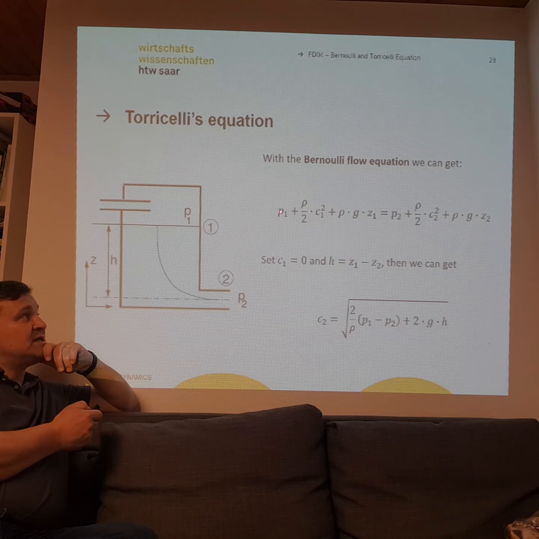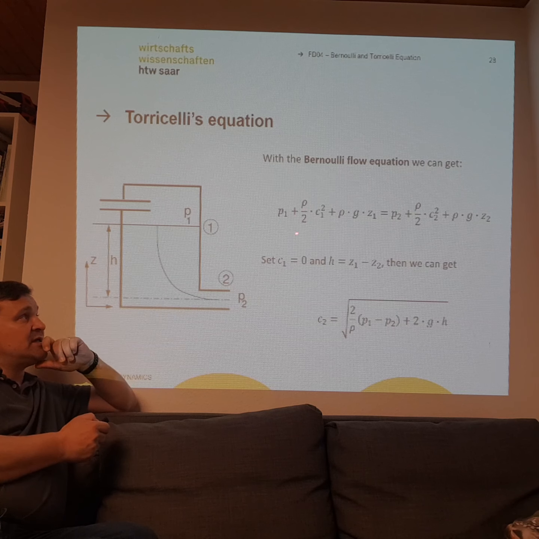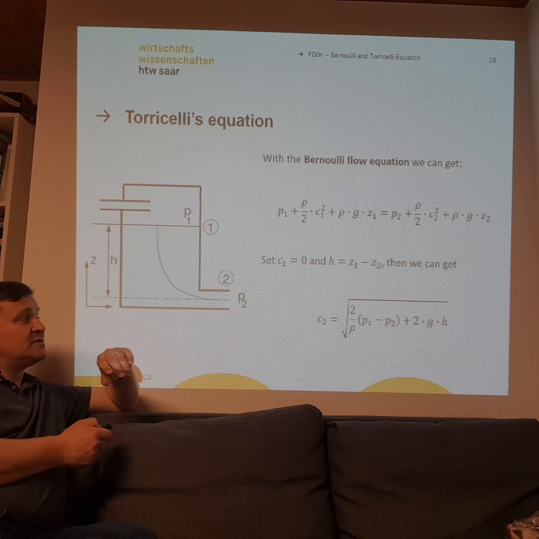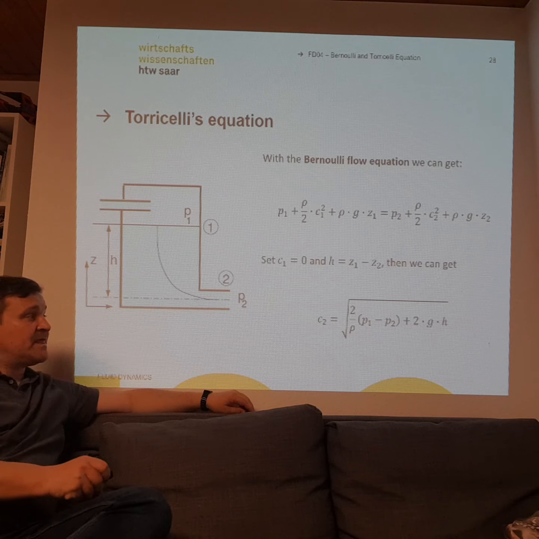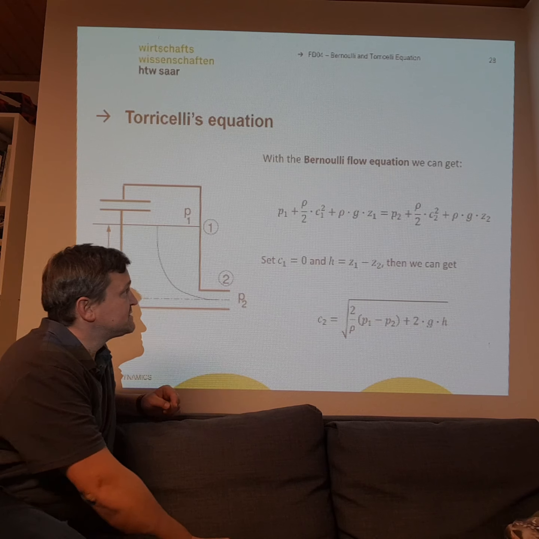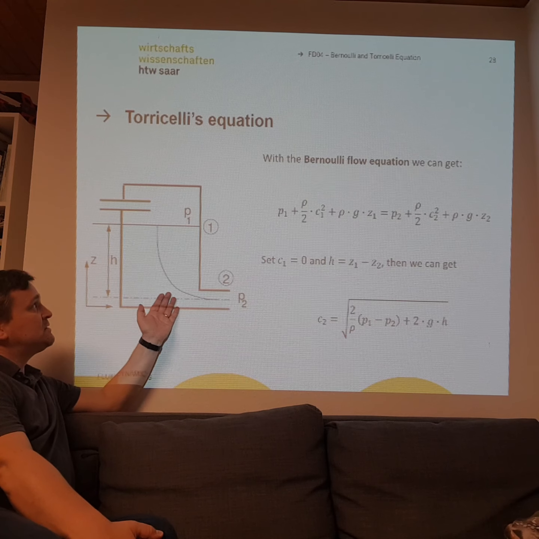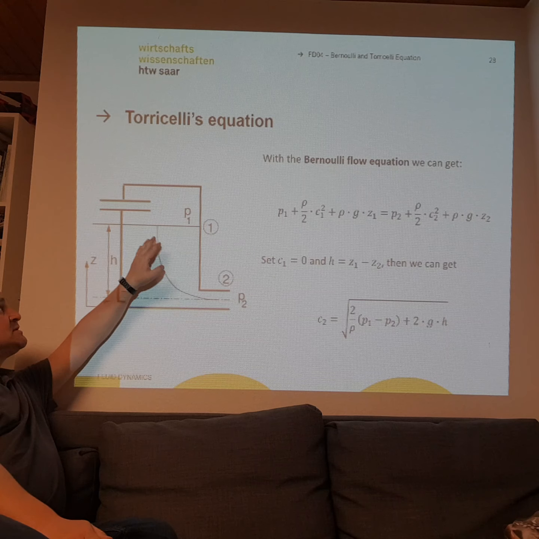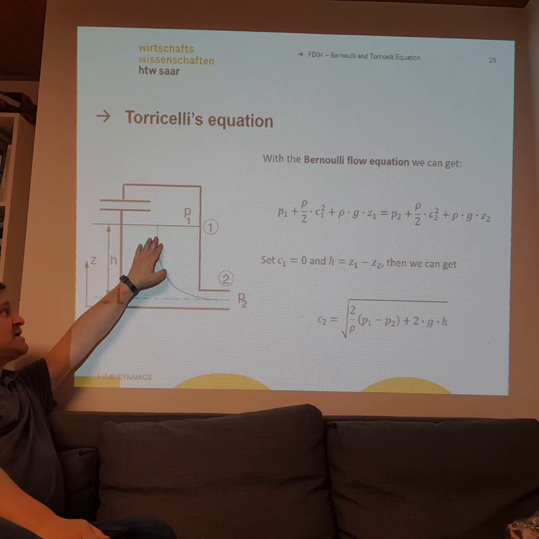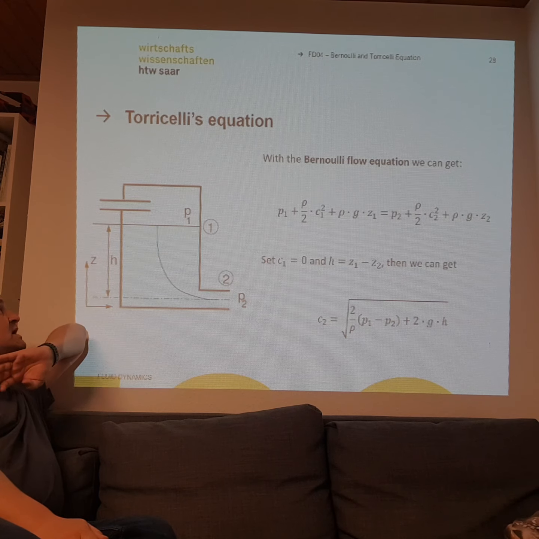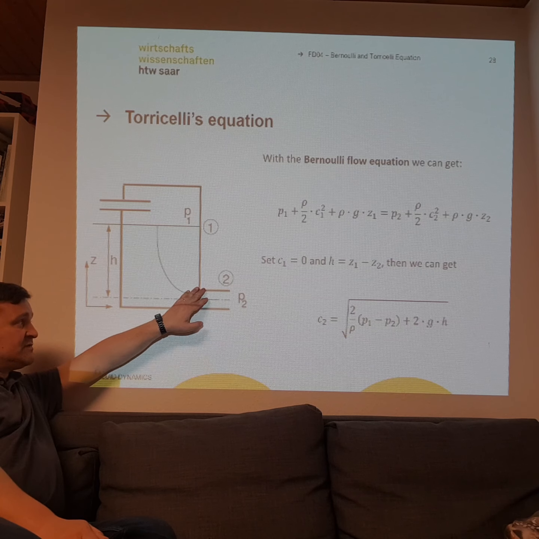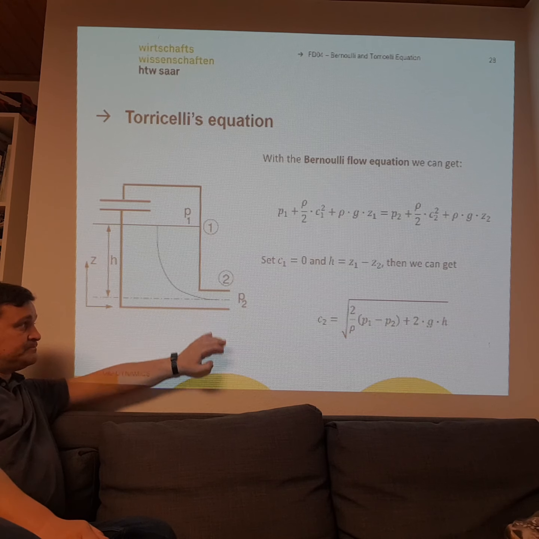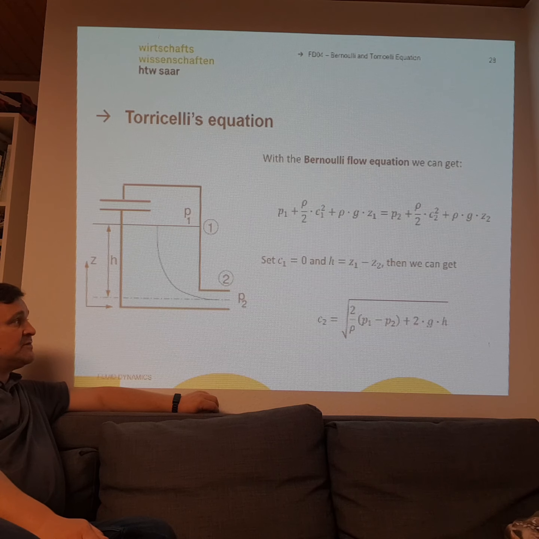We have our static pressure, the dynamic pressure, and the height difference. Now say we have a vessel with a really big area, a pressure inside the vessel, and a small hole at the bottom of the vessel.